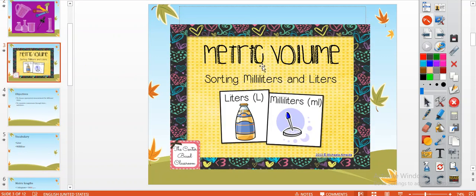As you can see here, one eyedropper contains approximately 1 milliliter, and a bottle of water or juice contains a liter.